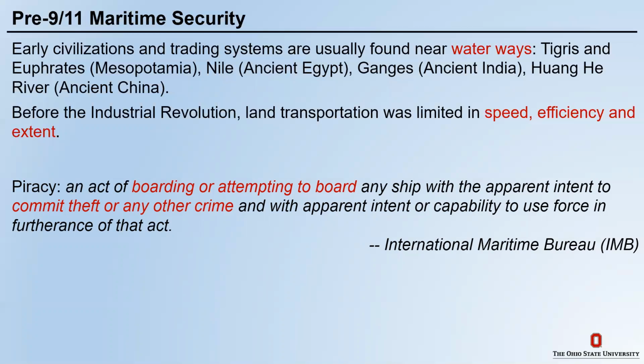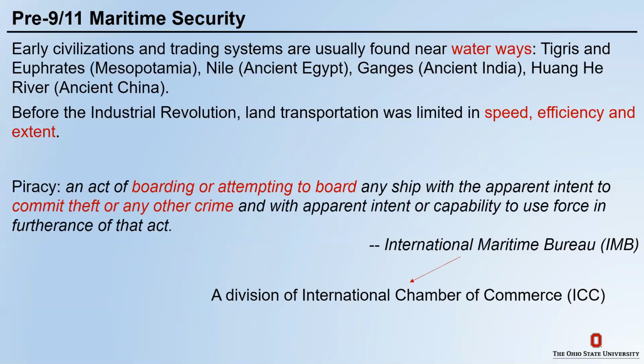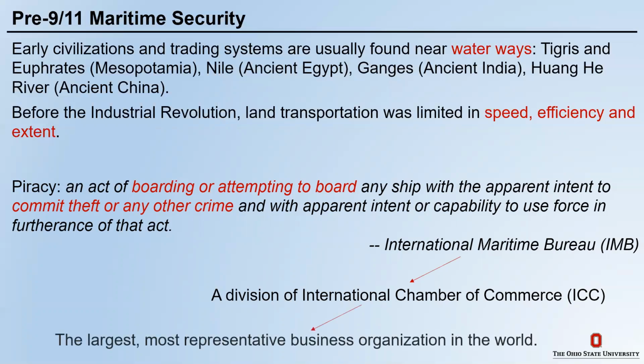So this definition is given by an international organization called IMB, which refers to International Maritime Bureau. And it is a division of another organization called International Chamber of Commerce, the largest, most representative business organization in the world.